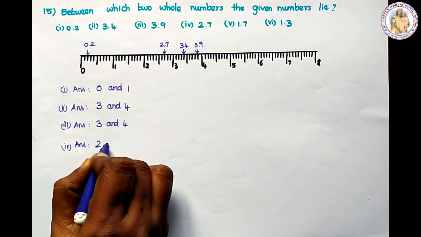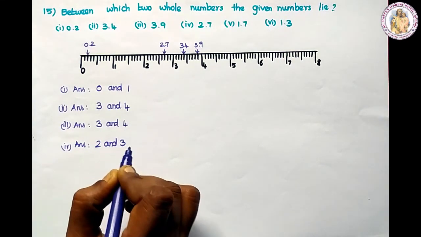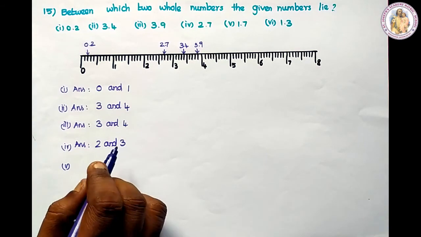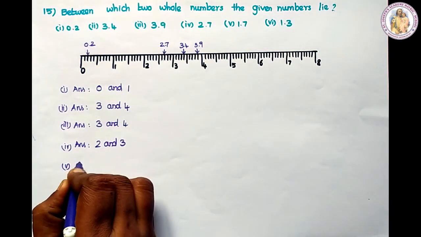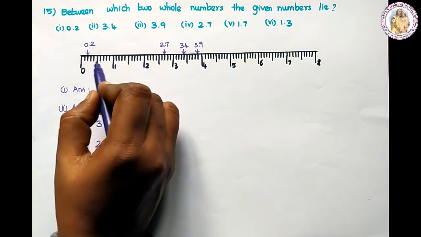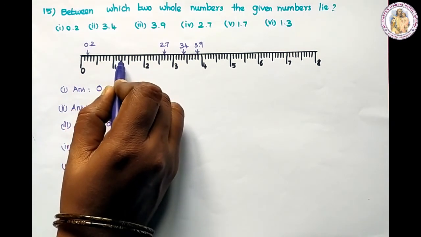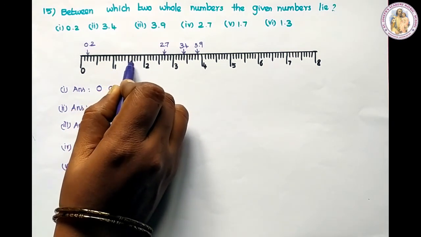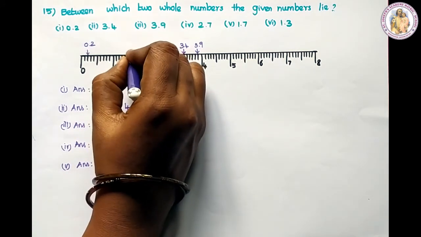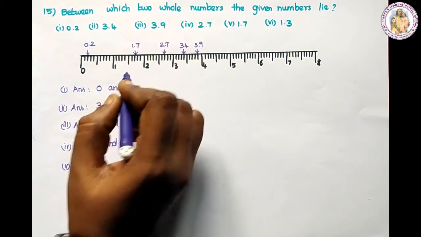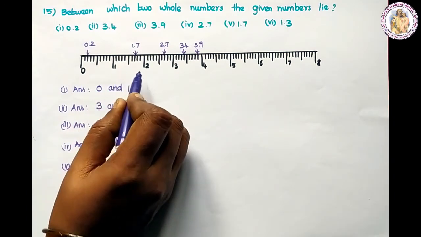So answer 2 and 3. Next one 1.7. 1 is here. 1.1, 1.2, 1.3, 1.4, 1.5, 1.6, 1.7. So it lies in between 1 and 2.